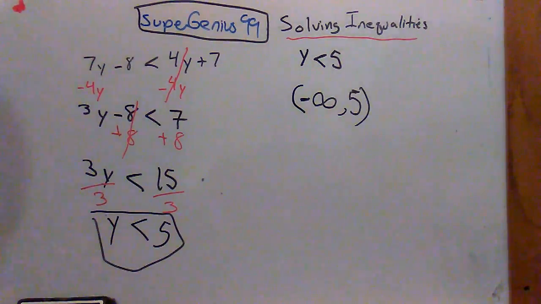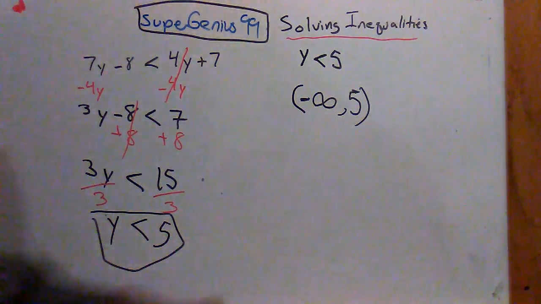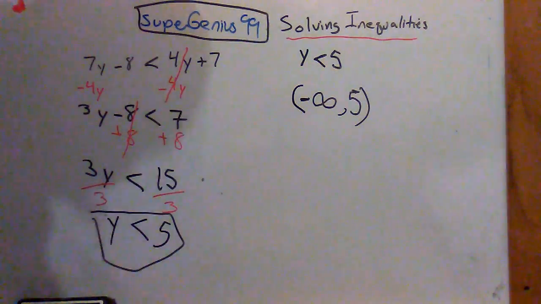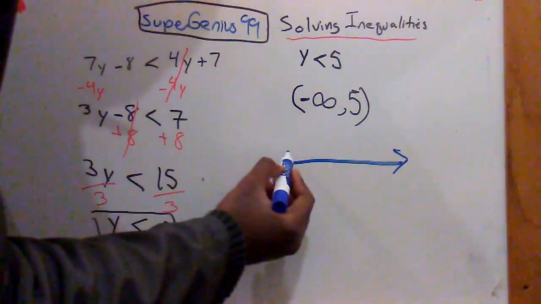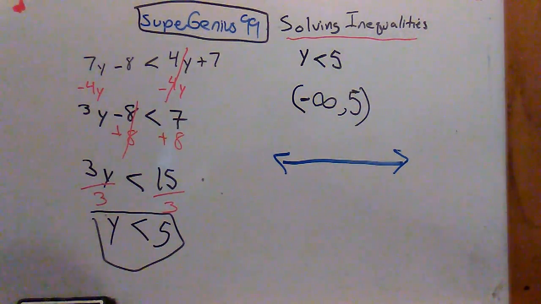So how would you graph y less than 5? Draw yourself a number line. Somewhere in there, put the number 5.